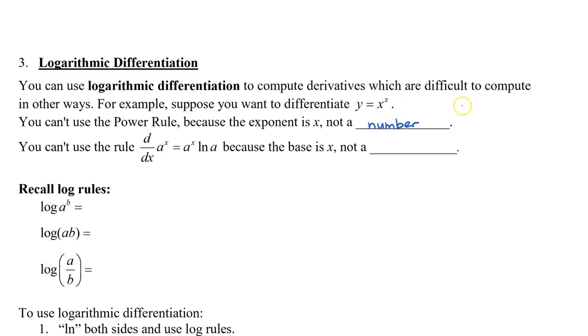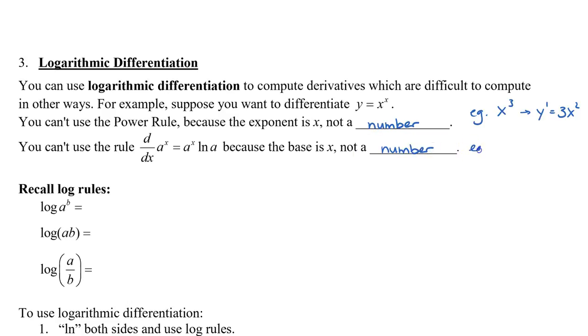Usually if this was, for example, x cubed, we would say the derivative y prime is equal to 3x squared. However, here the exponent is not a number, it's a variable as well. You can't use the rule that we just learned, where the derivative of a to the x is a to the x times ln a, because again the base is x, not a number.